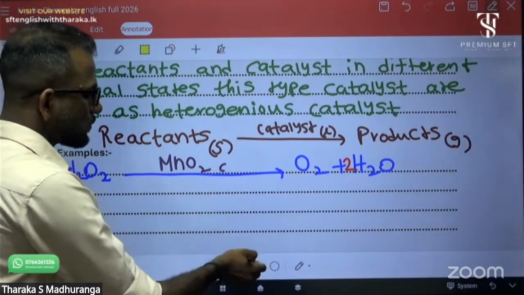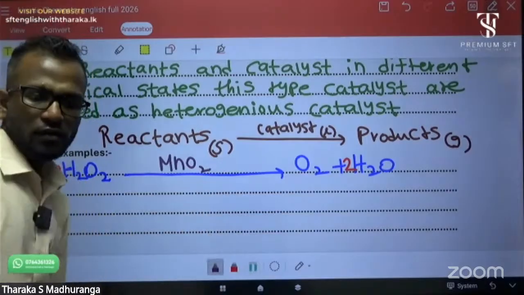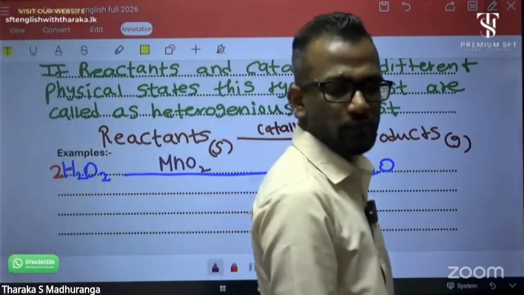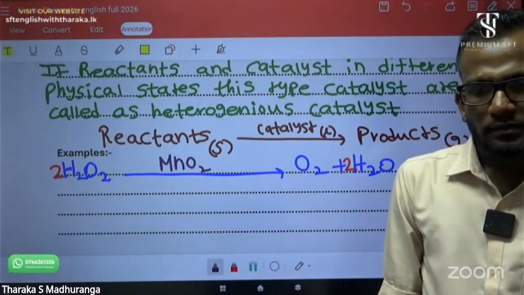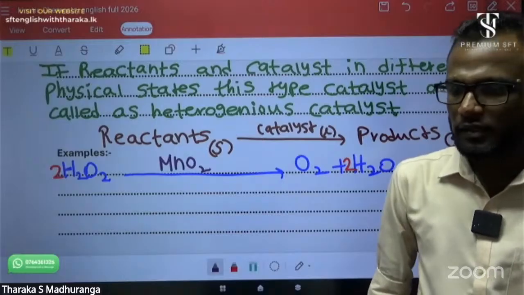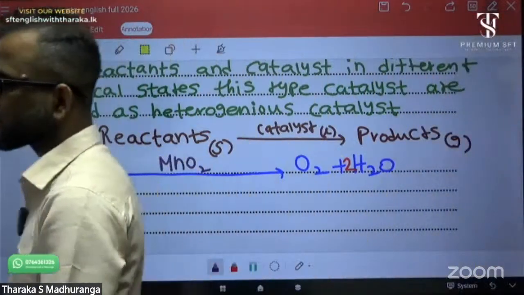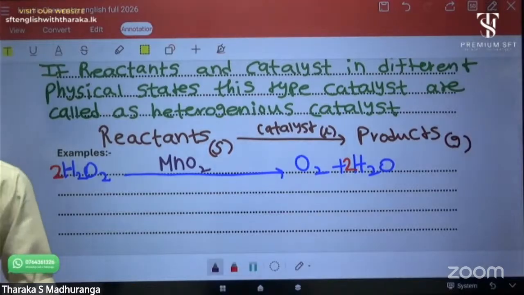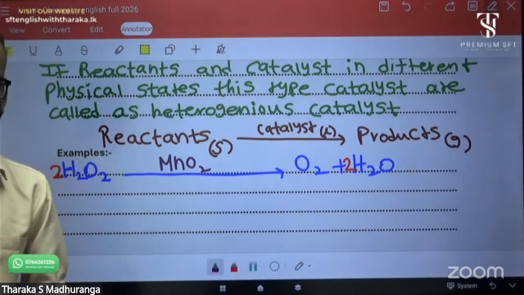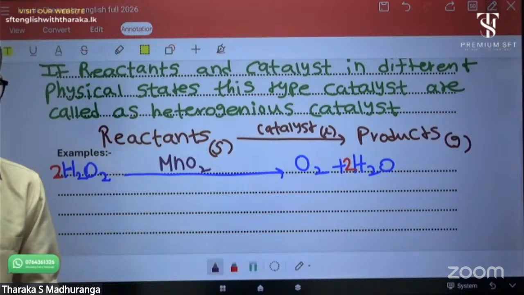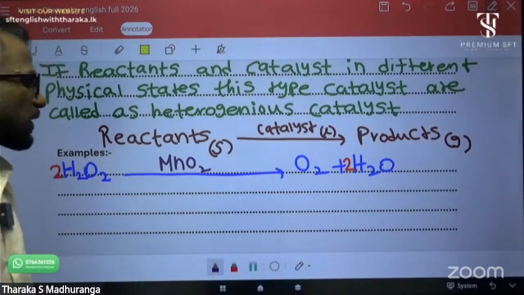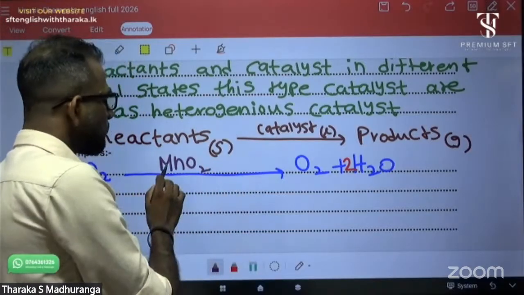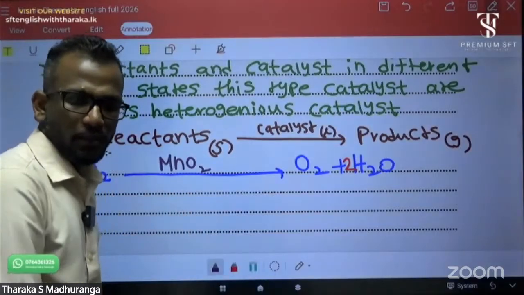Do you know the chemical name of MnO2? Its actual name is manganese oxide.